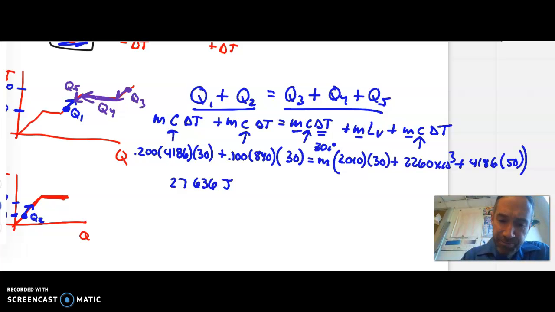On the other side, I factored out the M from each one of the terms, and so what's left is the specific heat of steam, which is 2010, times the 30-degree temperature difference. Now, again, I know that it went down in temperature, and so I know that you might be tempted to put a negative in for this.